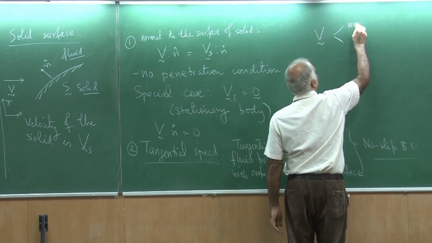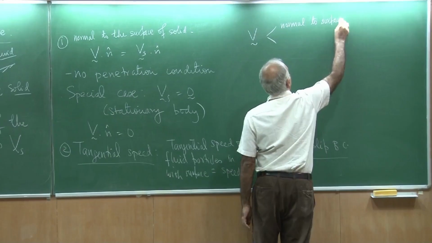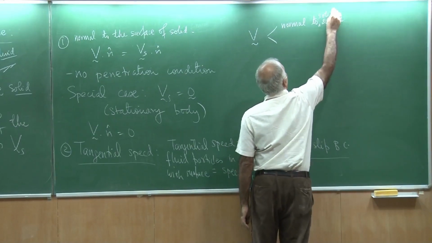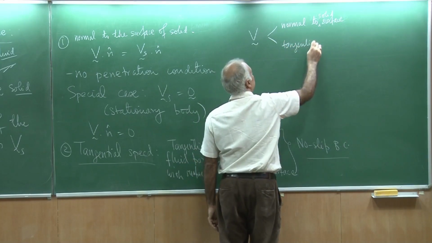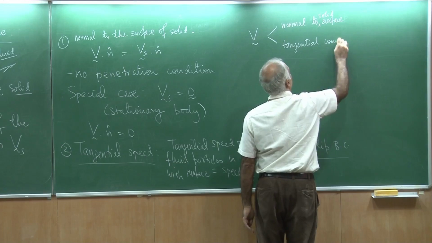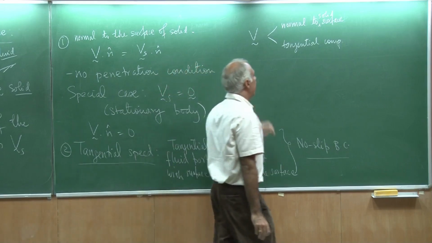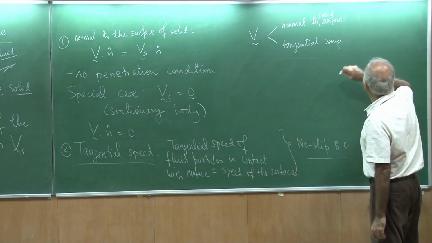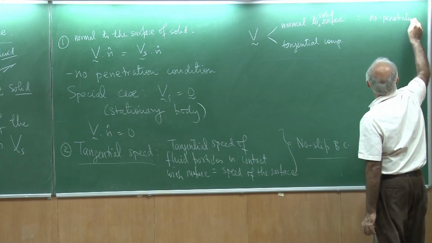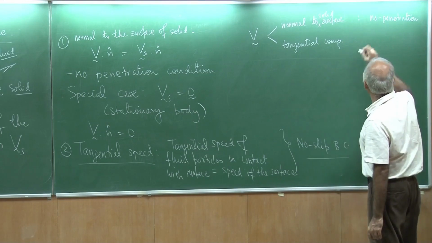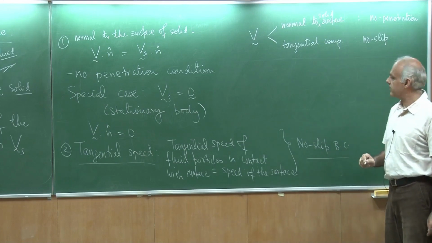There is a normal component to the solid surface and there is a tangential component, and what is being said is that the normal one is the no penetration condition, and on the tangential component you can talk about no slip.